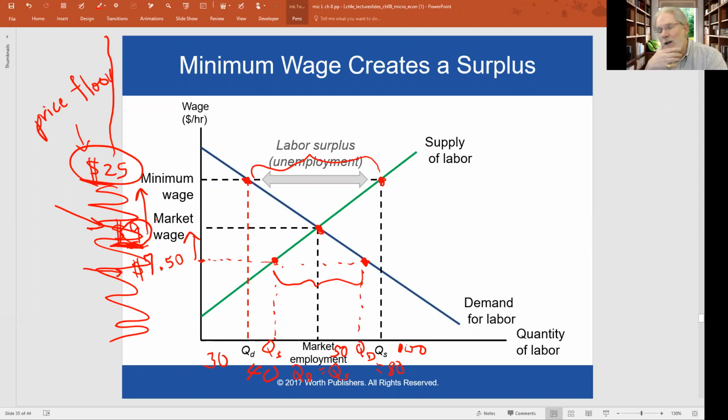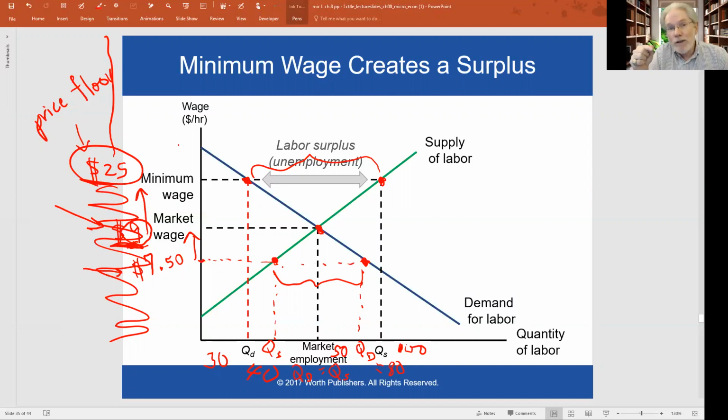And so in Genoa, by imposing the $25 minimum wage, that is not guaranteeing that everybody who wants a job will be paid $25 an hour. What it really does is guarantee that you're going to have a lot of unemployed workers. And the higher you raise the minimum wage, the more unemployed people you're going to have.